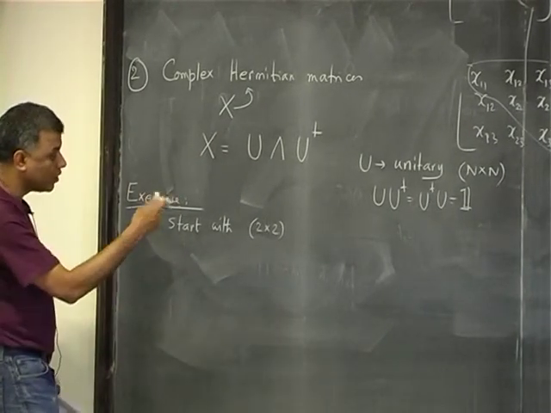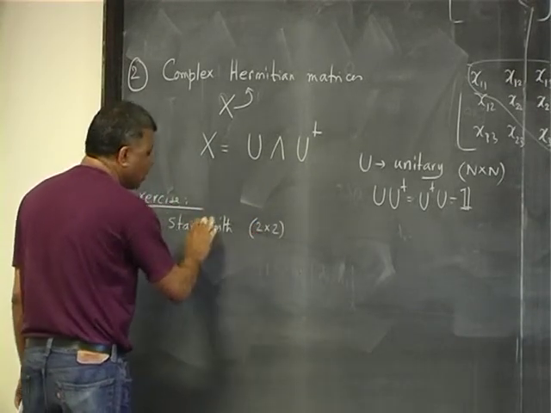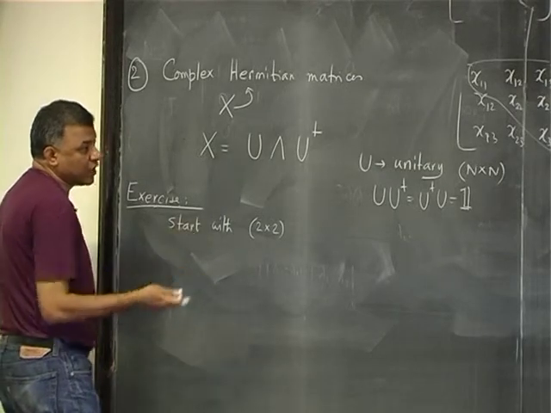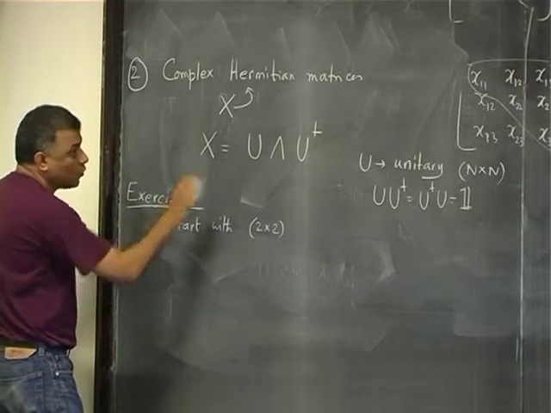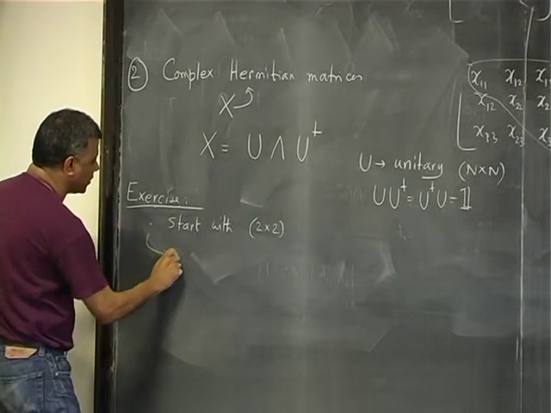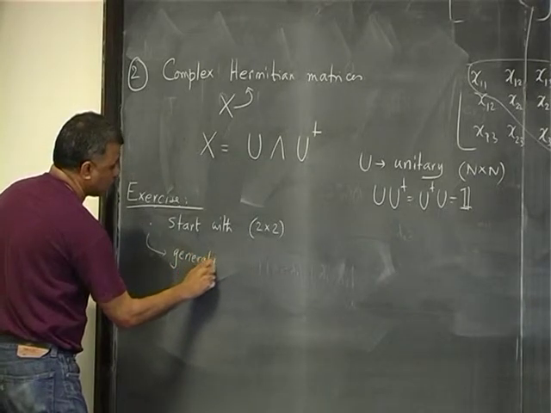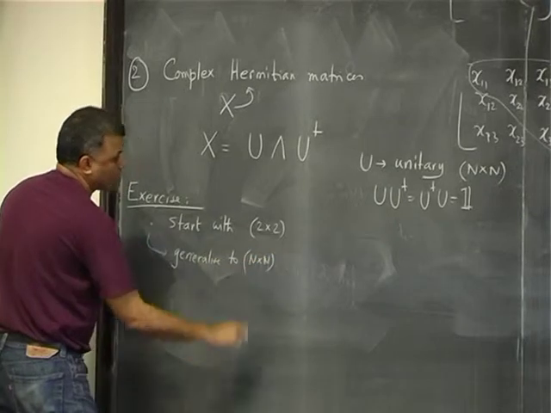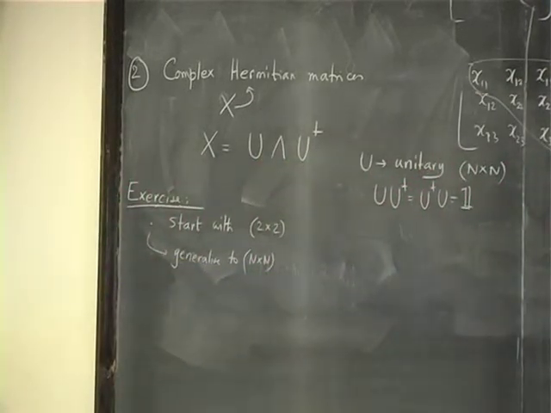You can define a 2 by 2 unitary matrix, the SU(2) matrices, and you can just do it by hand basically, calculate the Jacobian and show that it is actually lambda 1 minus lambda 2 squared. And then you follow the same steps and generalize it to n by n. Okay. So this is called the Gaussian unitary ensemble.